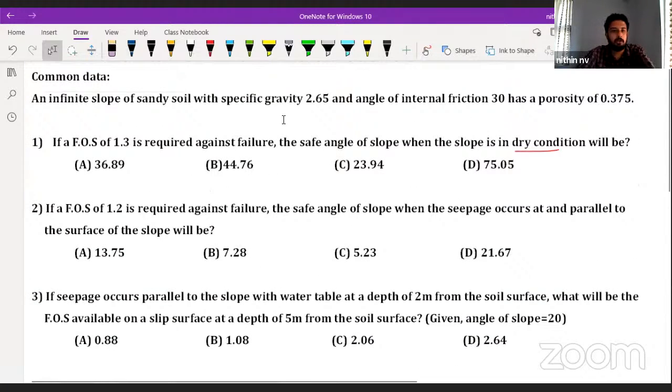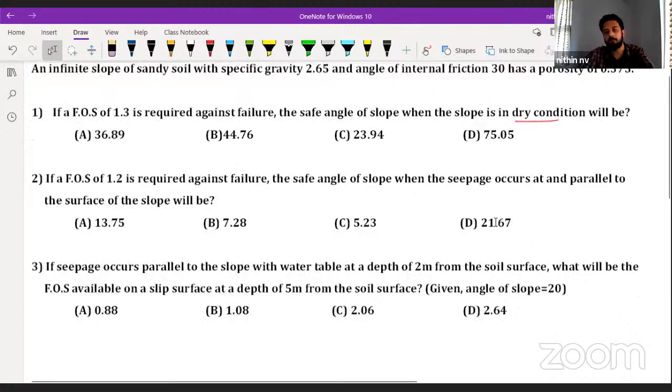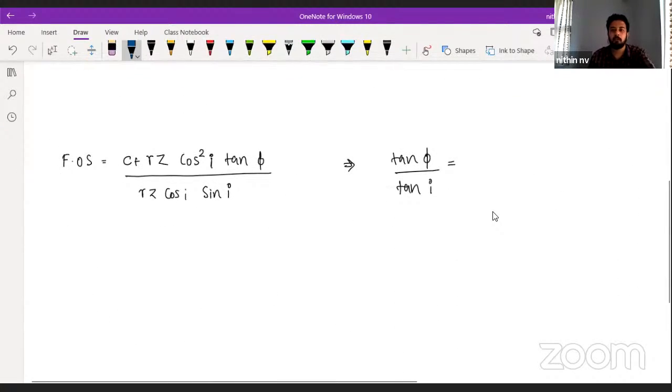Okay, very good. What they have given is the factor of safety. Now what will be the safe slope? If the factor of safety is given, then one angle they have to give. Internal friction is given as 30. So 1.3 is equal to tan 30, the angle of internal friction, divided by tan I, the angle of slope, under dry condition.